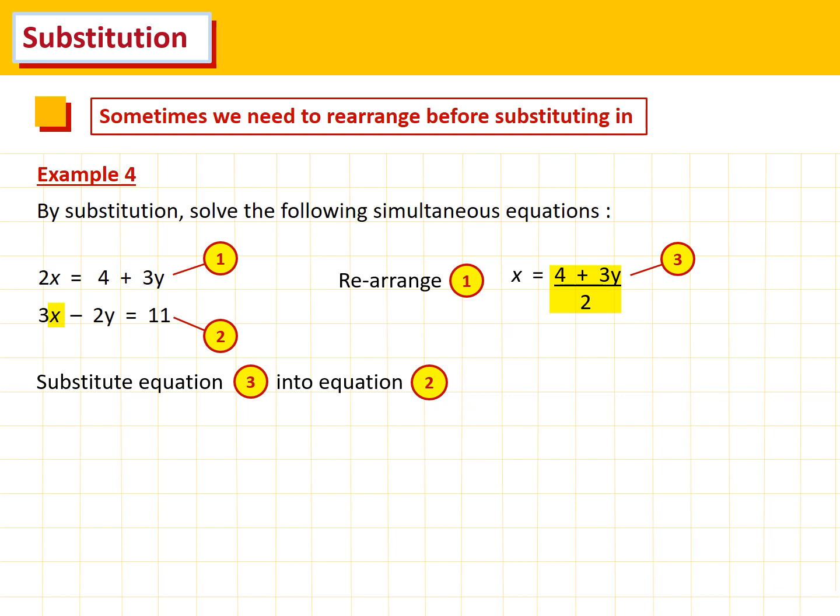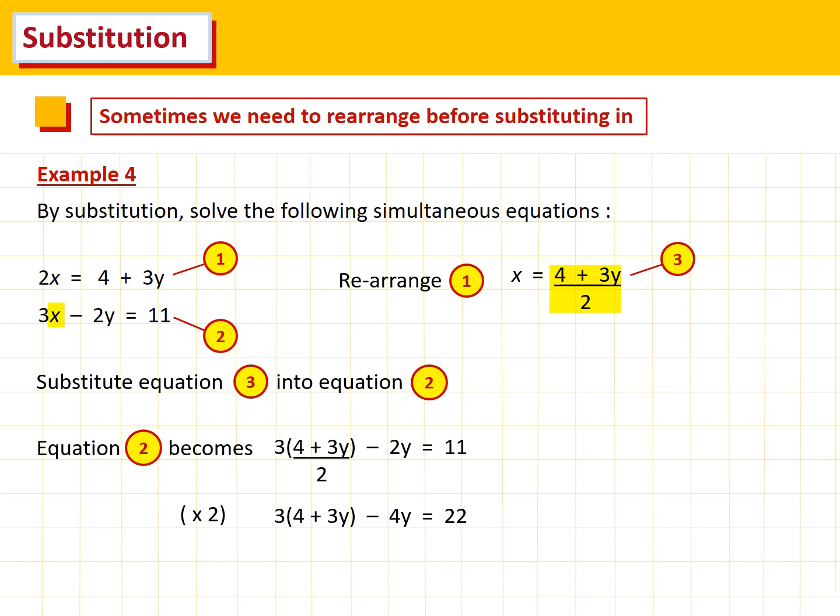When I substitute in, equation 2 becomes 3 lots of, and then that x has been replaced with 4 plus 3y over 2, subtract 2y equals 11. Multiply through by 2, and just be careful here.